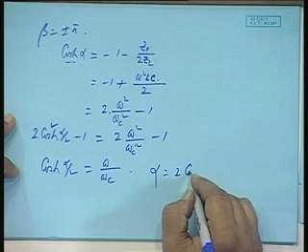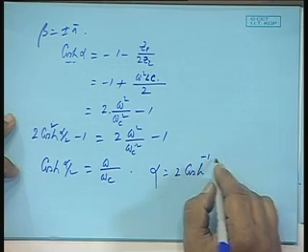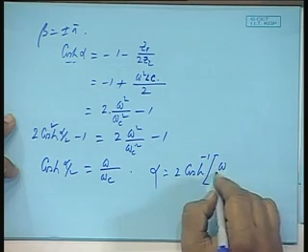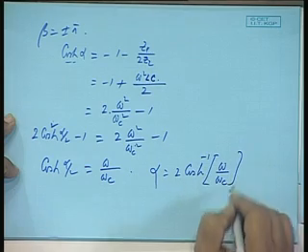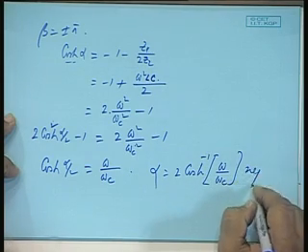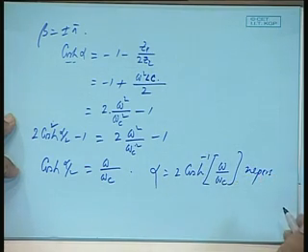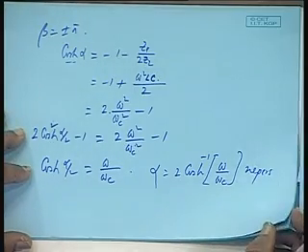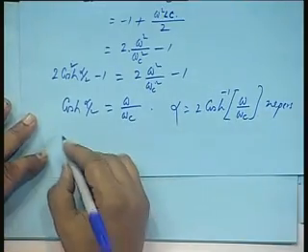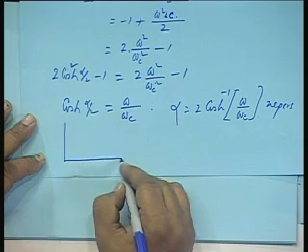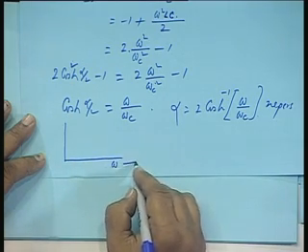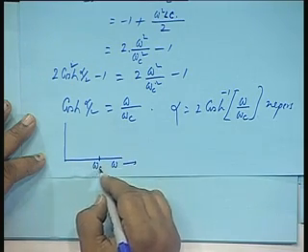or alpha equal to twice cos inverse omega by omega c. So many Nepers. So, alpha varies like this, this is omega c.